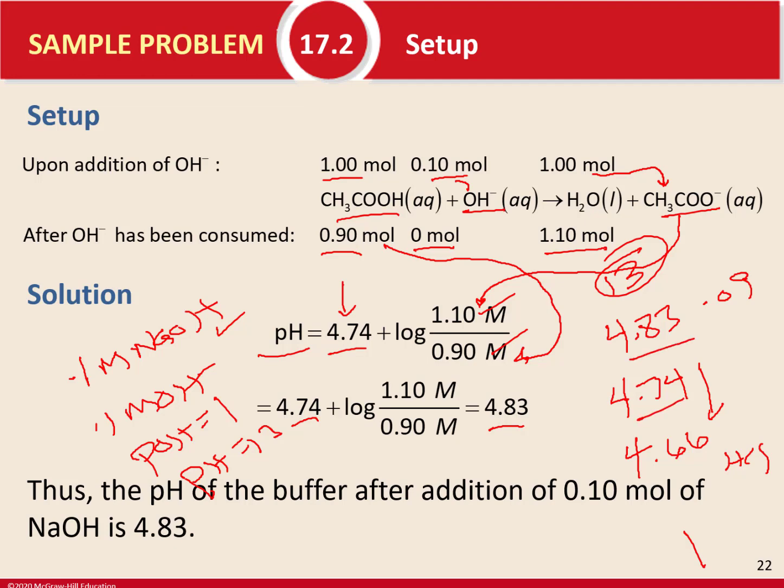So I hope you see what a buffer does. We can add acid, we can add base, and the pH doesn't change appreciably. Without the buffer, the pH changes drastically. For the acid, it would have been a pH of 1. For the hydroxide ion, it would have been a pH of 13. So buffers allow us to have additions of acid or base without changing the pH drastically.